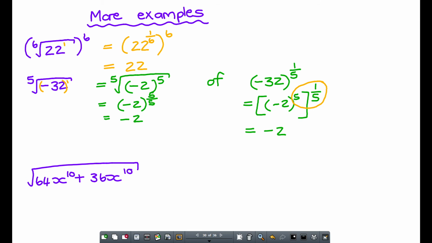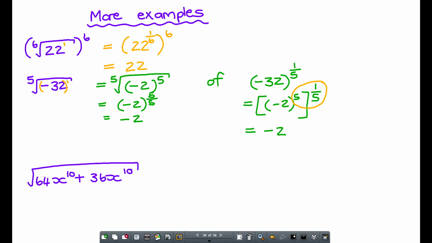Okay, let's look at this one at the bottom: the square root of 64x to the power of 10 plus 36x to the power of 10. First thing, can you see that they are like terms? So I may not take the square root yet. I must first simplify inside that root.